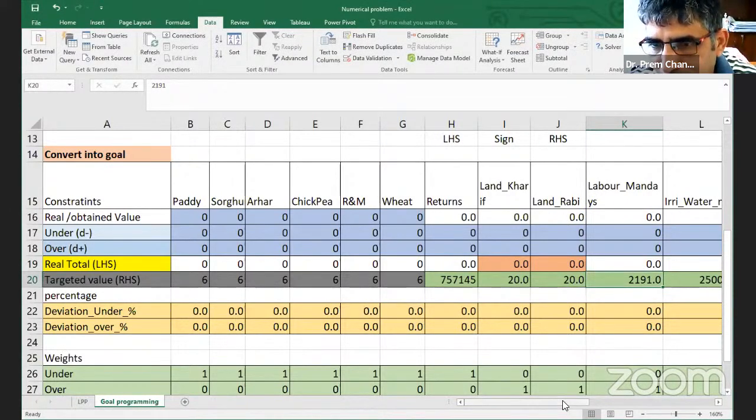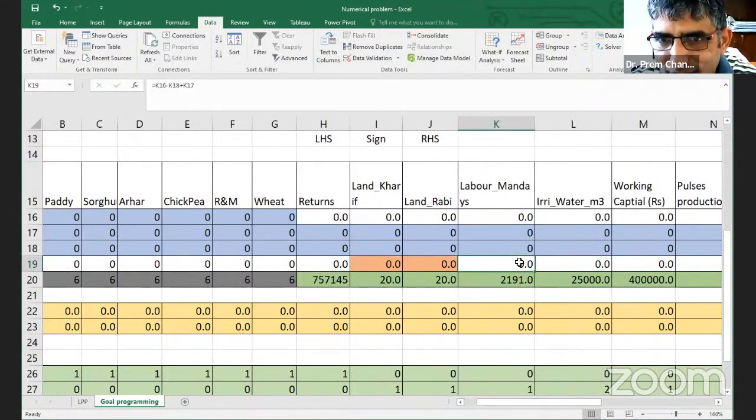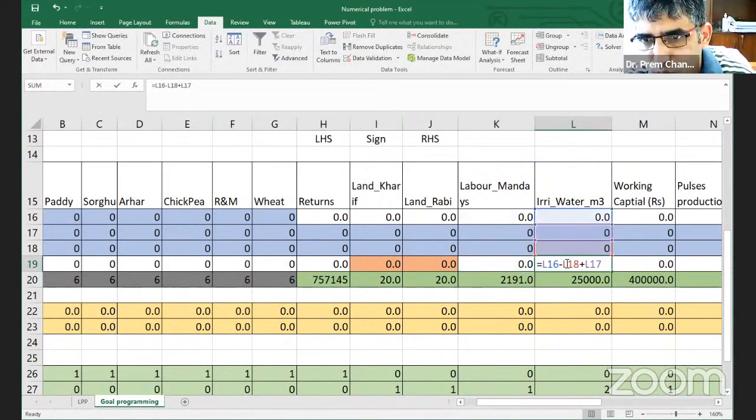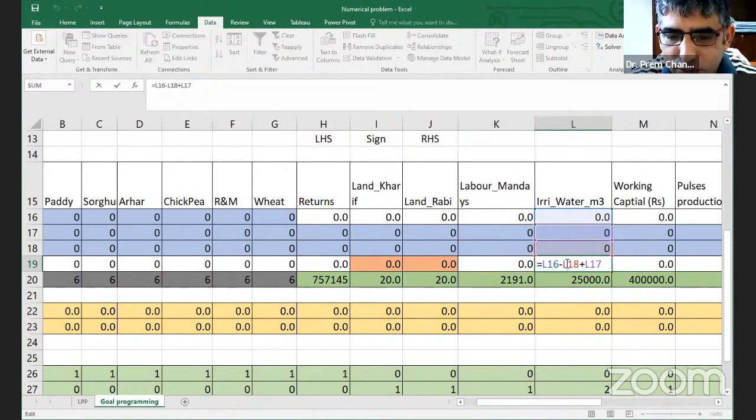And for water, I am saying that I can manage additional water from my neighbor. If I don't want to do it, or if I don't have that option, then I will delete this overachievement, means subtract it.